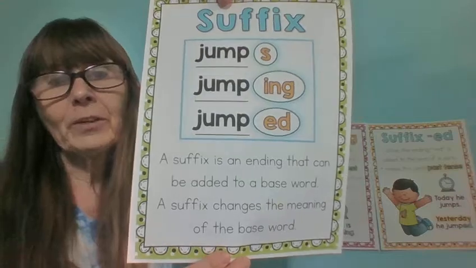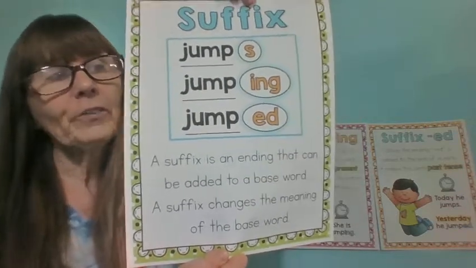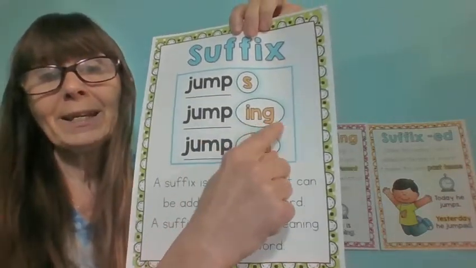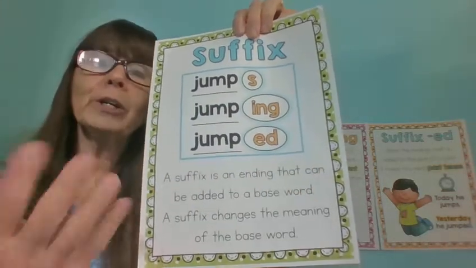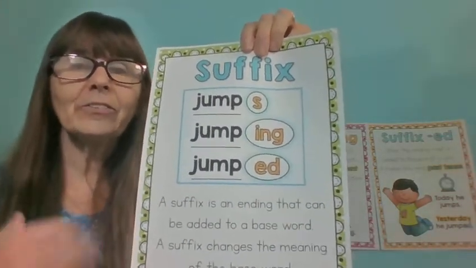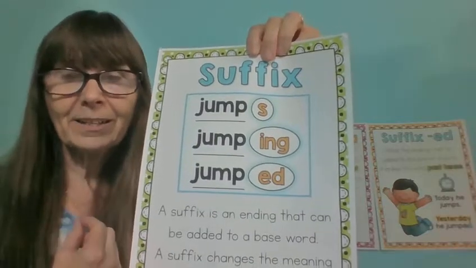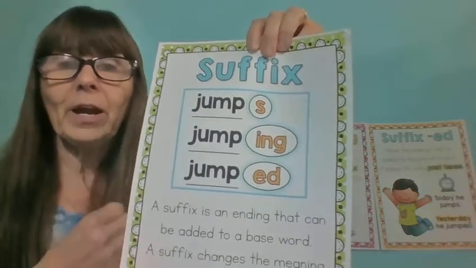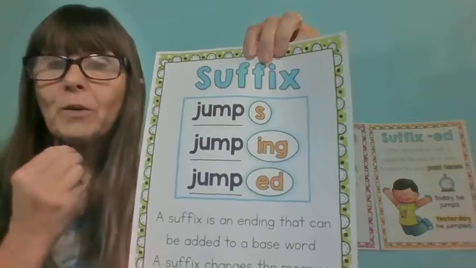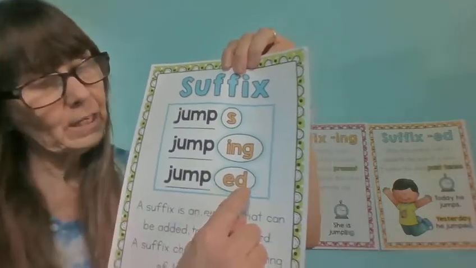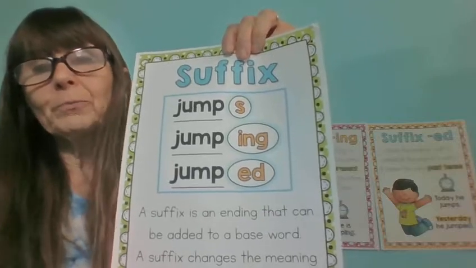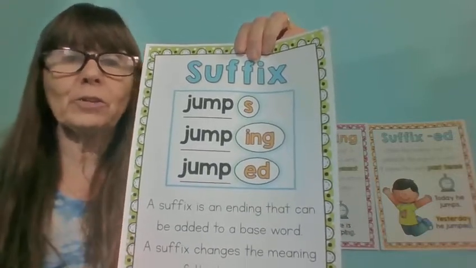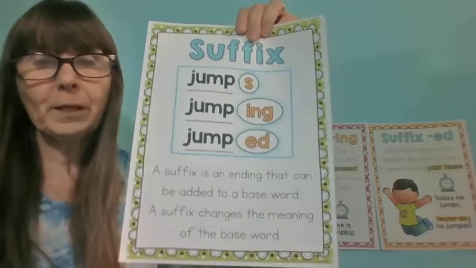We have suffix s, jumps, suffix ing, jumping, and suffix ed, jumped. And it's weird because that ed doesn't sound like ed, it sounds like t. After a soft sound like p, the ed will sound like a t. Harder sounds change the pronunciation of the ed, and we'll see that in a minute.